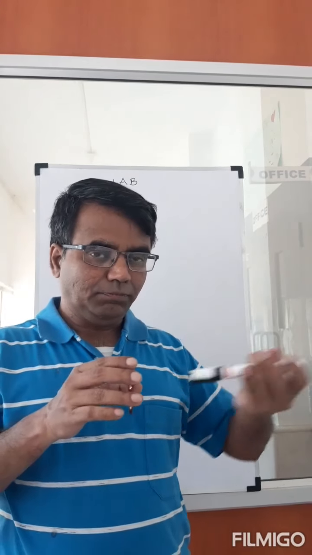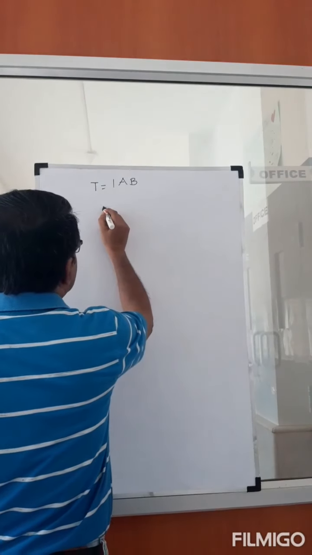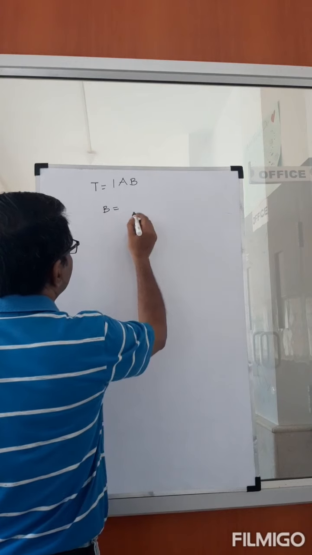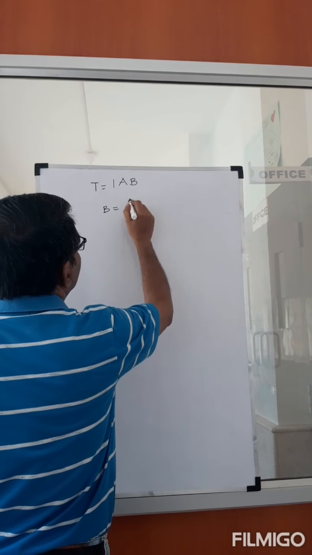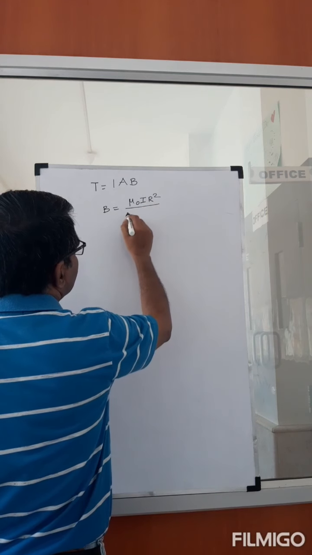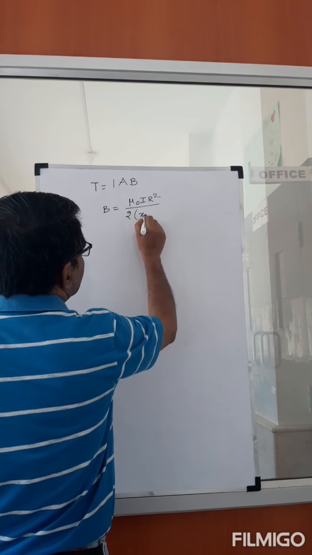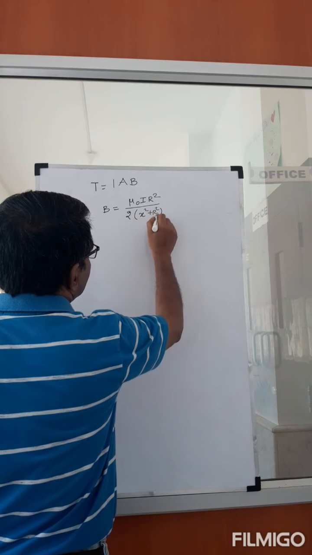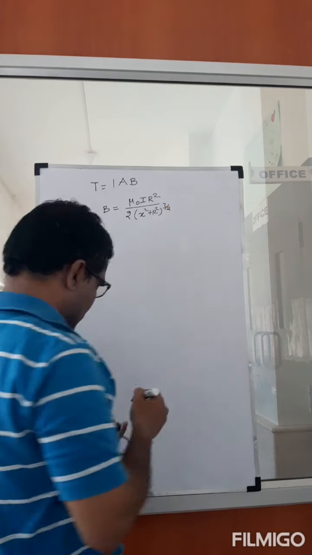We had a loop like this, and we said if current I is going through this, then the magnetic field set up along the axis of this circle is given by this expression. B was equal to mu naught I r squared by 2 into x squared plus r squared over 3 by 2.